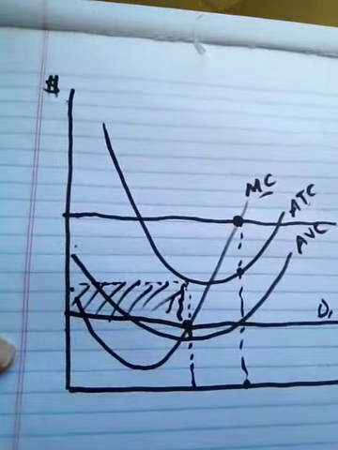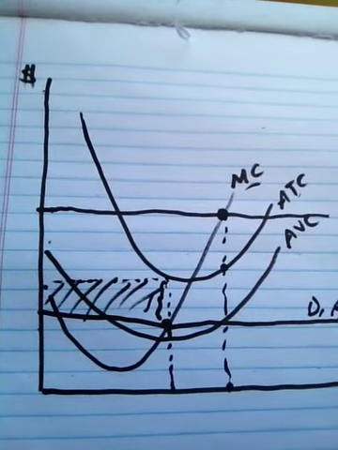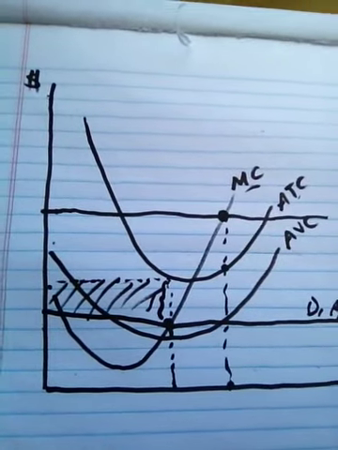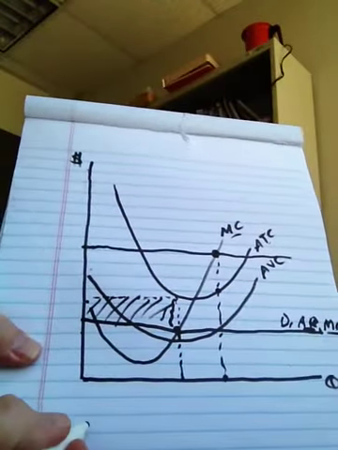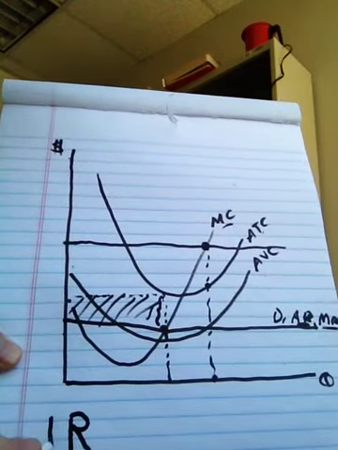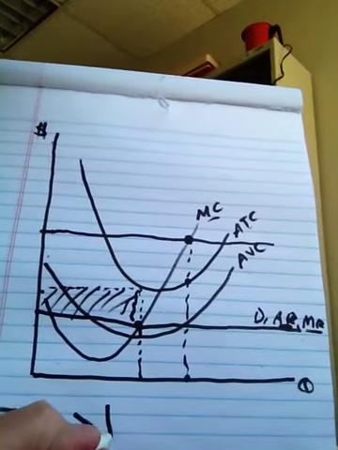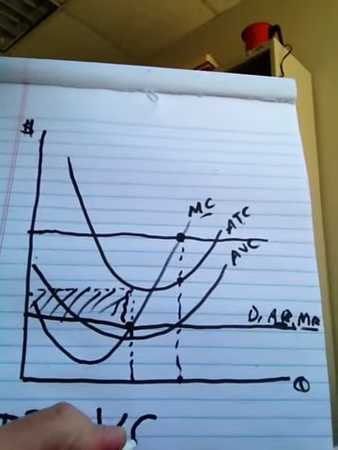In this case, as it turns out, it's going to continue producing and swallow these losses. Why? Because the revenue it receives, the total revenue, exceeds the variable costs.